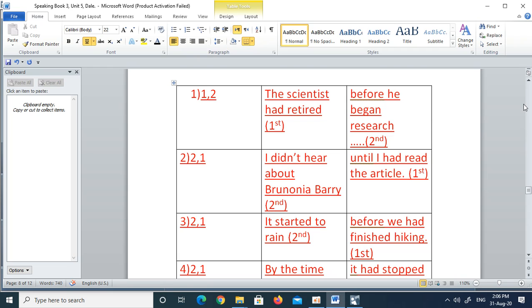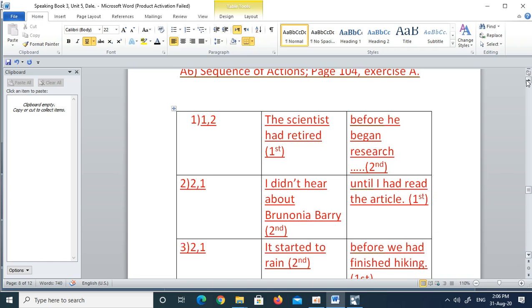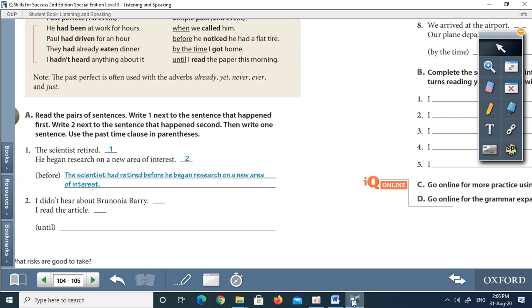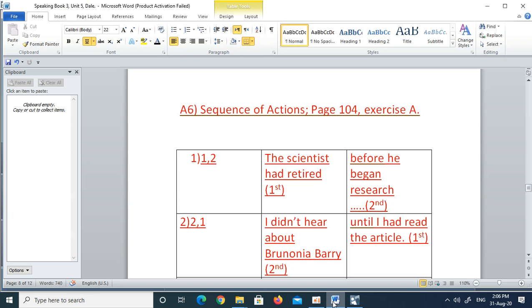So if we had to look at that, the first action was I read the article. So I didn't hear about Brunonia Barry, that is action number 2, until I read the article. So our answer would be, I didn't hear about Brunonia Barry, action number 2, until I had read the article, action number 1. 2 and 1.